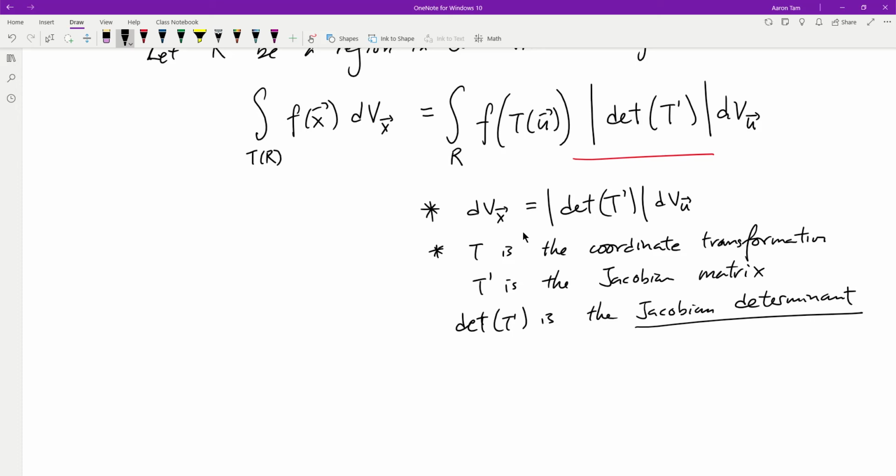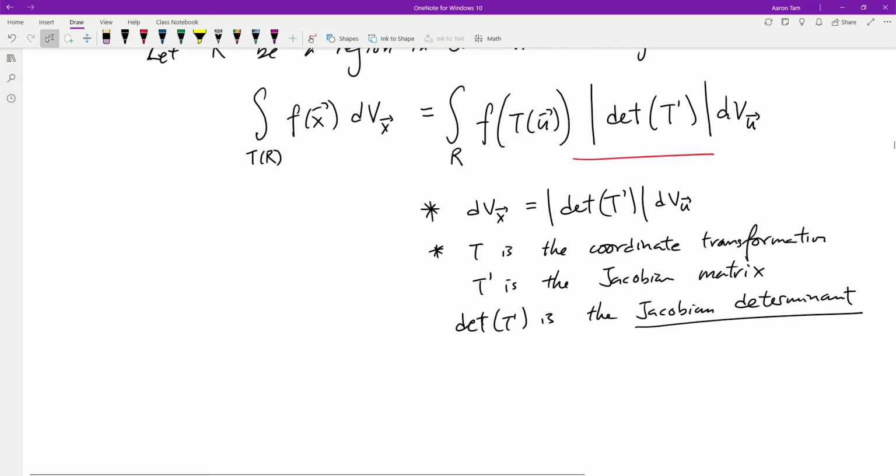If it is negative, it would indicate that not only does it have the proper scale, but it also reverses the orientation of the regions. But since we don't really care about the orientation, we don't need the negative, which is the reason why we have the absolute value there.